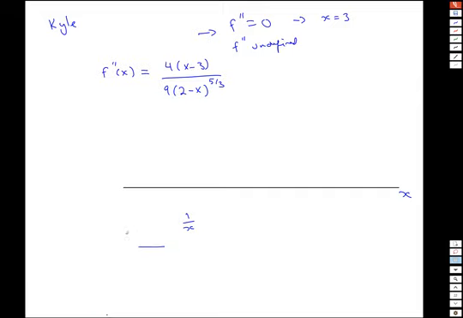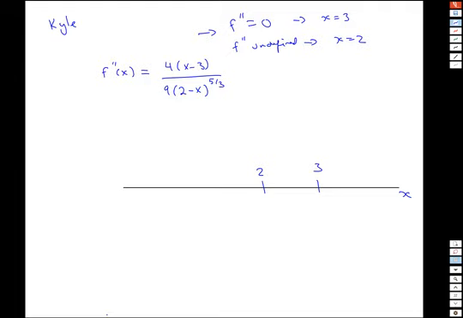points where things get undefined are also possible transition points. So with that in mind, we also look for where this is undefined, and it'll be undefined when we divide by 0, and that will be when x equals 2. So basically we have 2 landmarks. Let me put them up top, actually, 2 and 3. And after that, we trust at some point that you've learned how to build a sign chart.